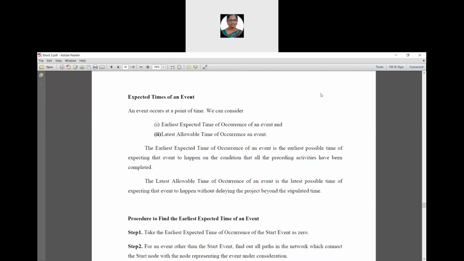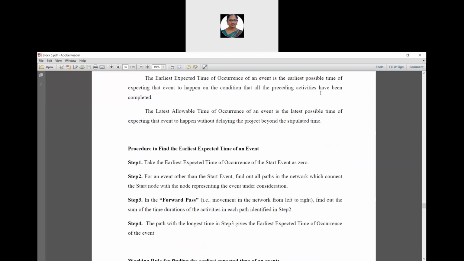And the latest allowable time of occurrence of an event is the latest possible time of expecting that event to happen without delaying the project beyond the stipulated time. Next one is the procedure to find the earliest expected time of an event.